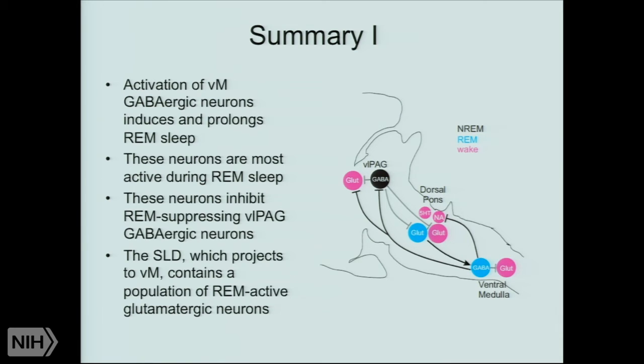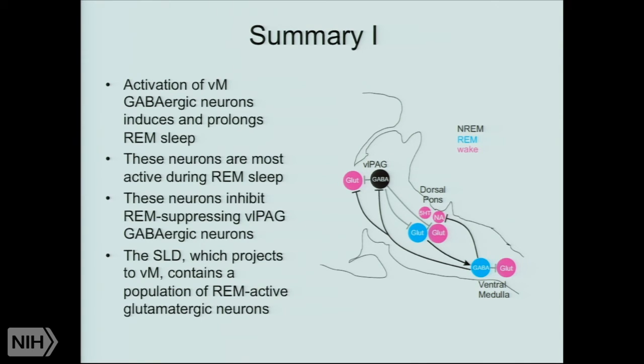These are all color-coded. These light blue cyan neurons are the REM-active and hopefully REM-promoting neurons. We showed that there is a population in the ventral medulla. These neurons project to both the locus coeruleus, inhibiting the noradrenergic neurons, and also to the VL-PAG, the GABAergic neurons, which I showed in previous slides.